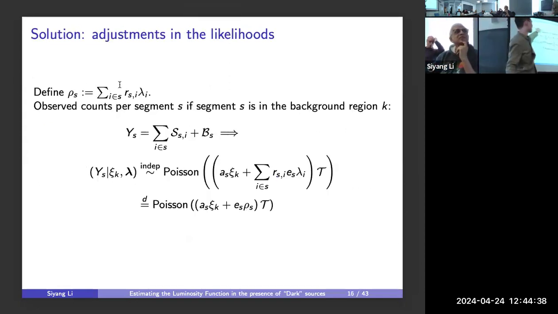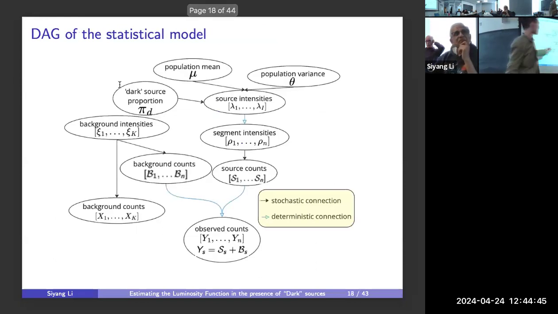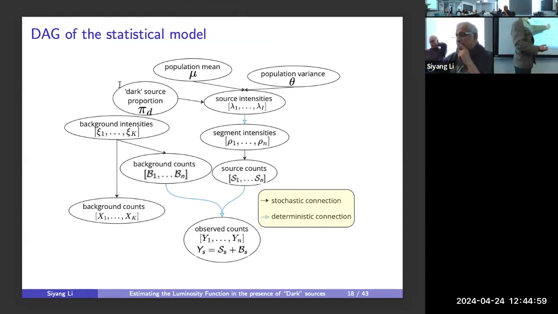It's just a mathematical transform, and this part on the top. Then we also consider the background intensities that generate the background counts that are contaminating our source counts, and also the pure background counts in the pure background regions. And then these background counts and source counts together give us the observed counts per segment.